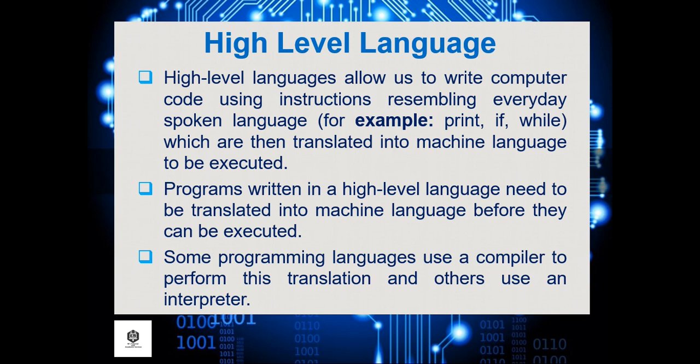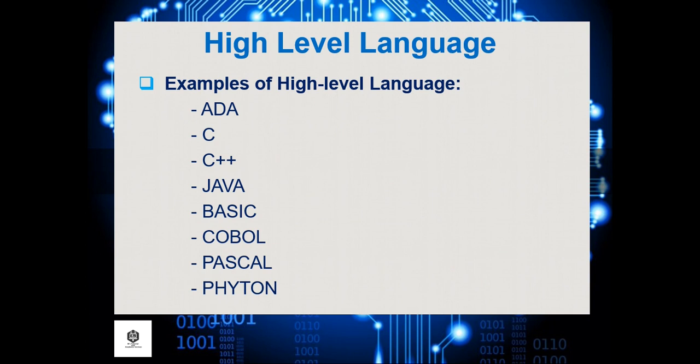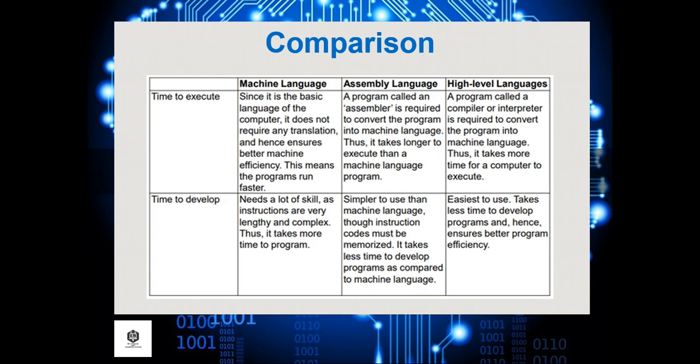Some programming languages use a compiler to perform this translation and others use an interpreter. Examples of high-level languages are Ada, C, C++, Java, BASIC, COBOL, Pascal, Python.